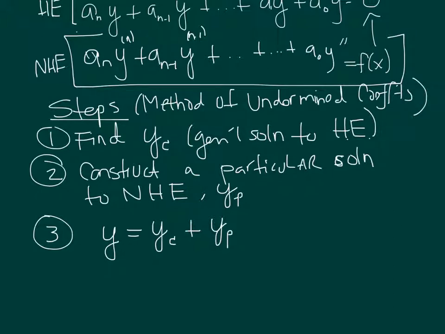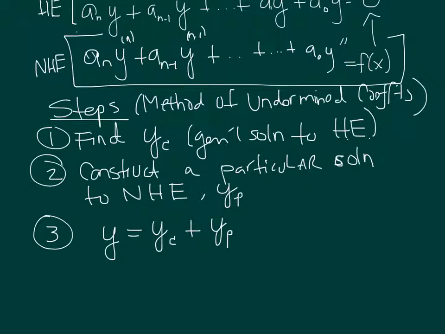One thing I do want to say: in step 2, if you're wondering about constructing a particular solution, didn't we construct a particular solution in the last section by using the characteristic equation? That was the particular solution to the homogeneous equation, when it was equal to 0.